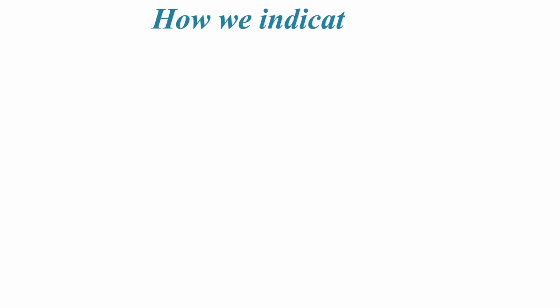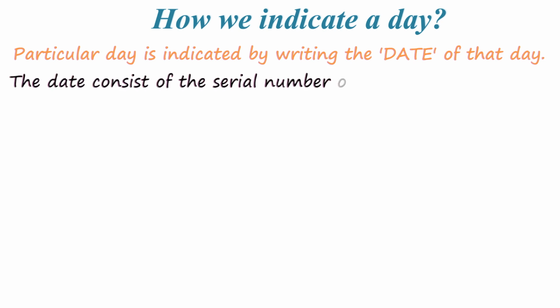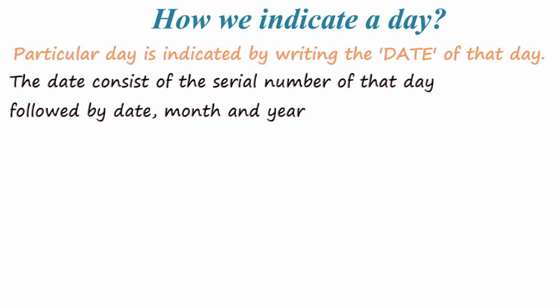Students, how do we indicate a day? A particular day is indicated by writing the date of that day. The date consists of the serial number of that day followed by the month and year. The date, month and year are in serial order.